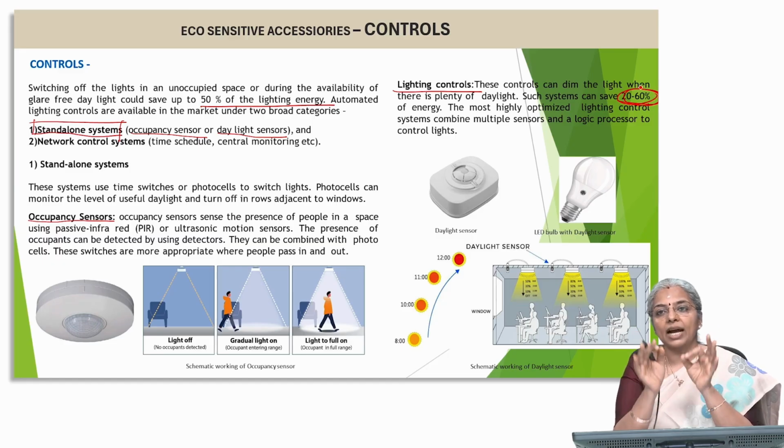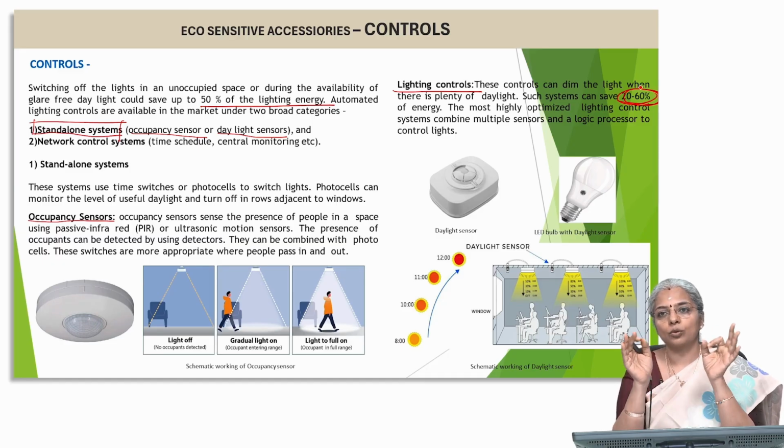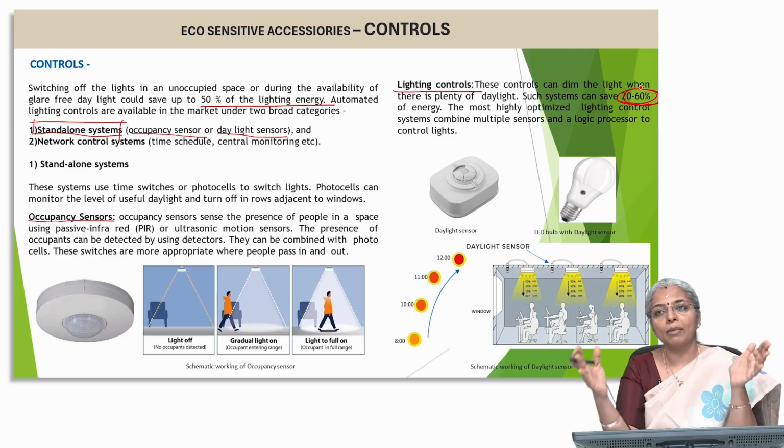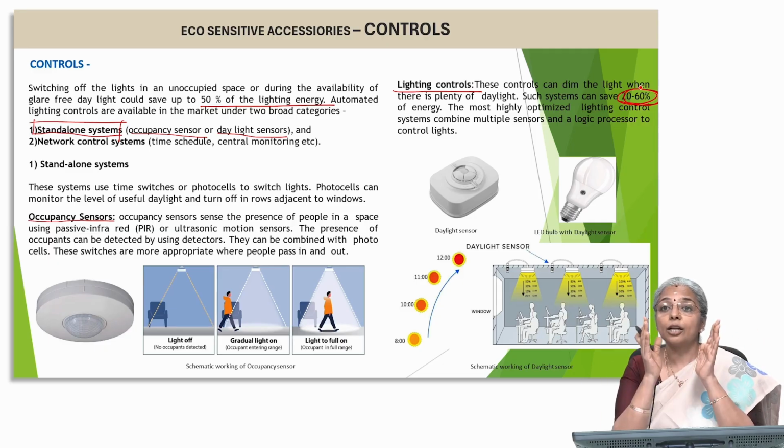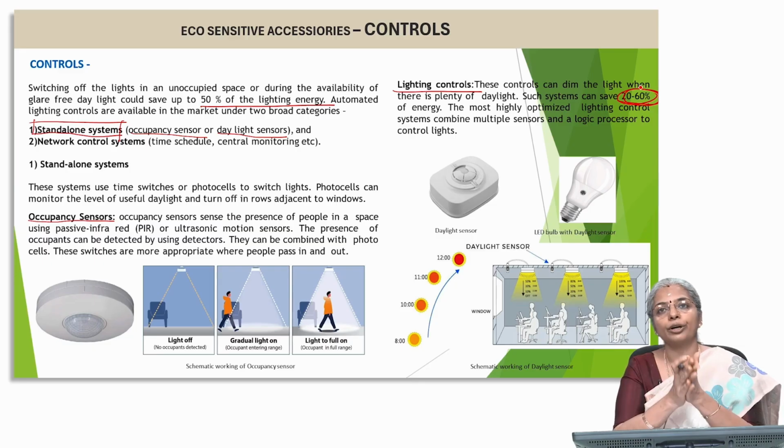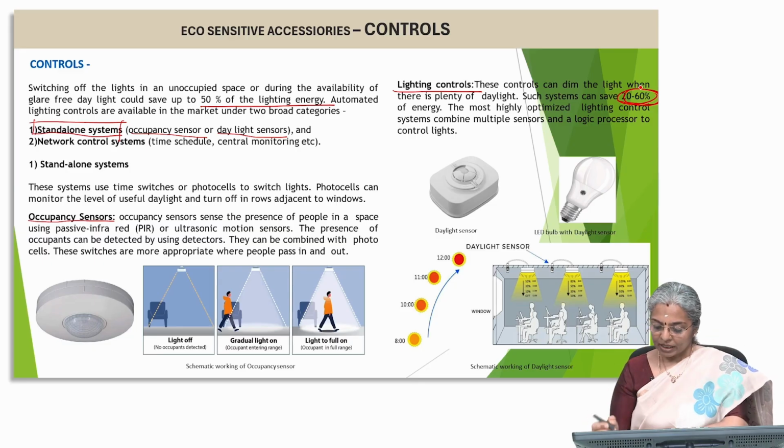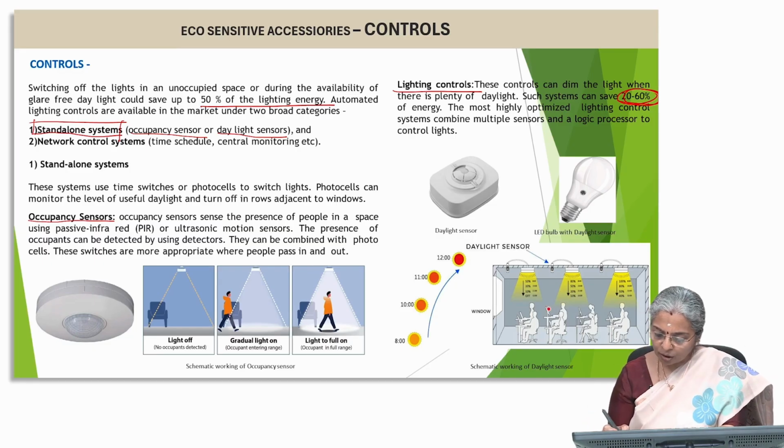The most highly optimized lighting control systems will combine multiple sensors and a logic processor to control the lights. So, based on where the person is sitting, the lighting level will change.